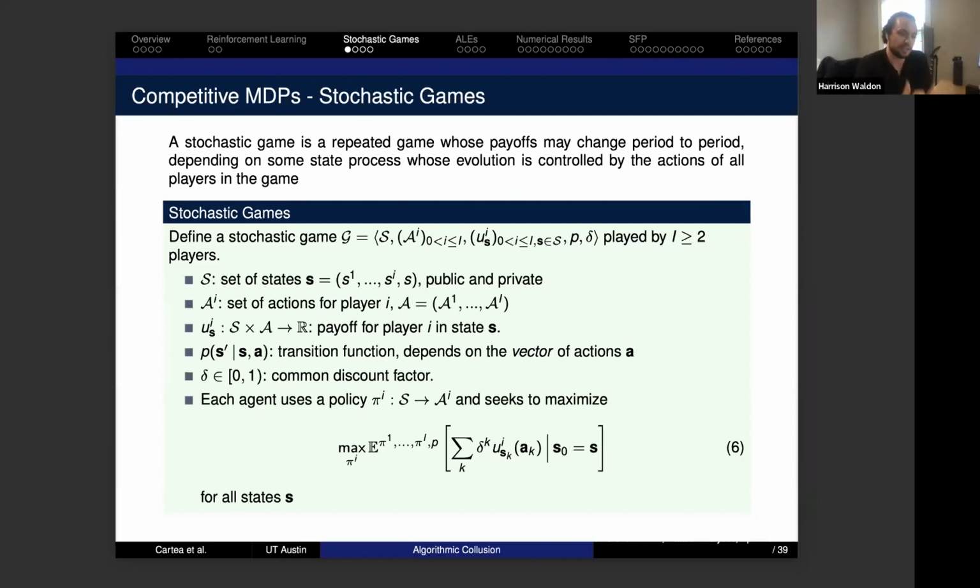So the notation is basically the same, although now we'll use bold letters to denote vectors across the number of agents. So bold S will denote the state of the state process. In its most general form, this state process could be very large and incorporate public and private signals.